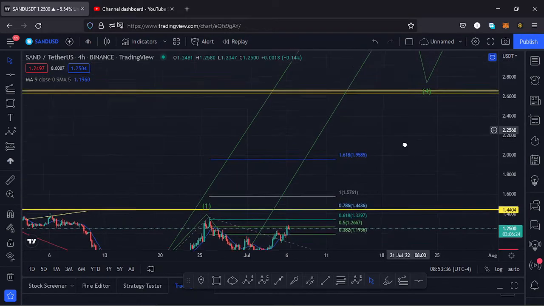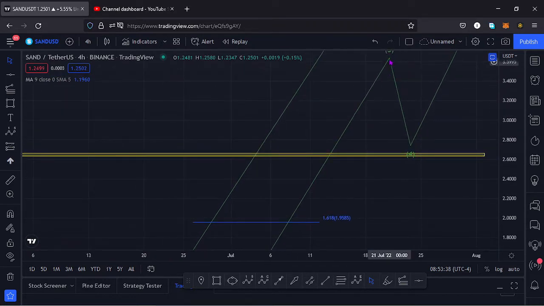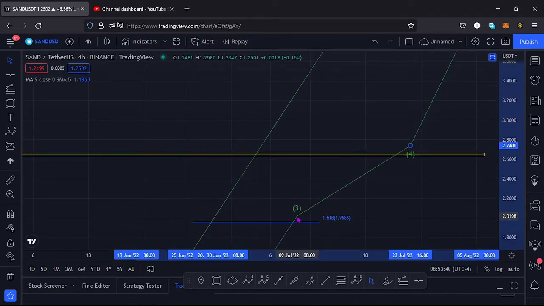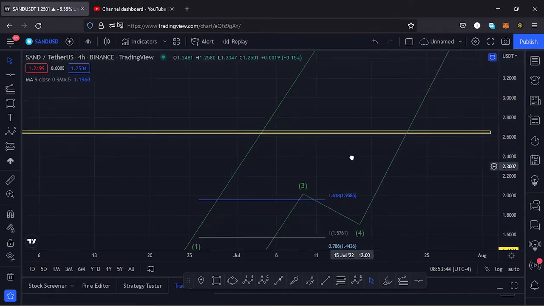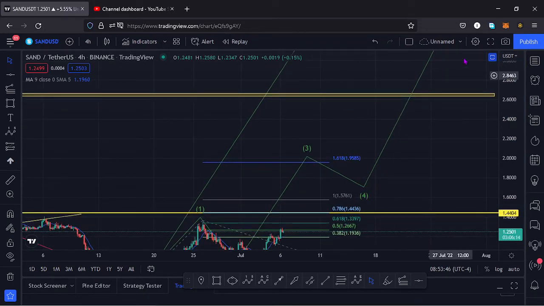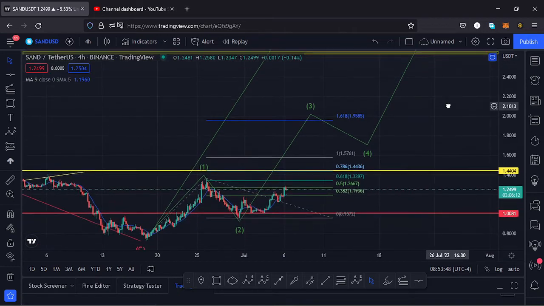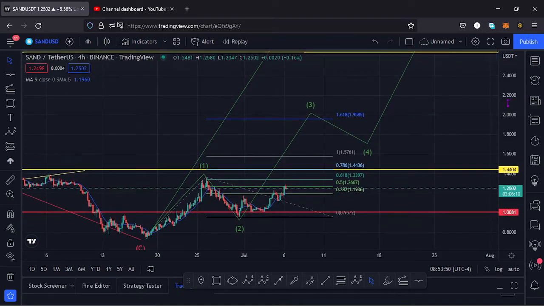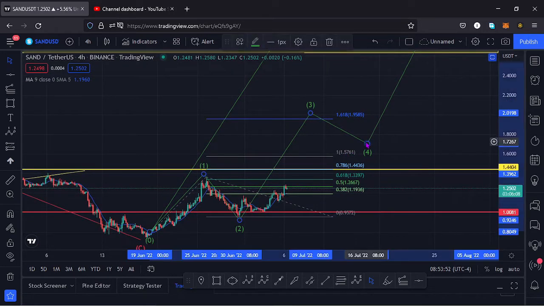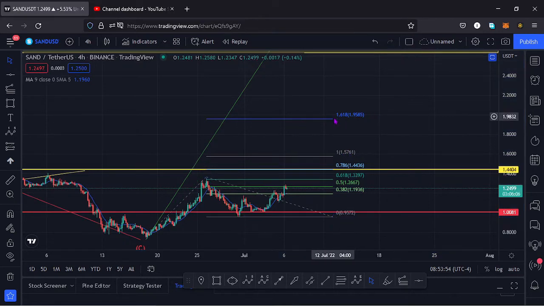That is the minimum that I'd expect that wave 3 to the upper side to do, and then from there we can have a bit of a retracement in a wave 4 and then have a wave 5 to the upper side. So those are the key moves that I expect to see, basing it on the Elliott waves and the Fibonacci's.